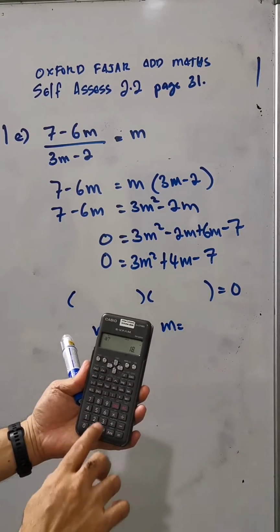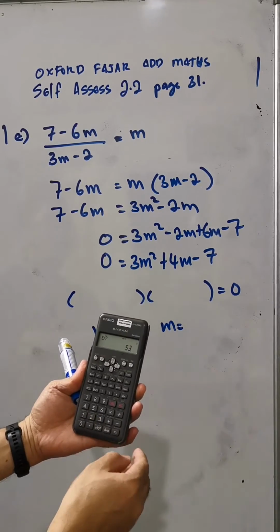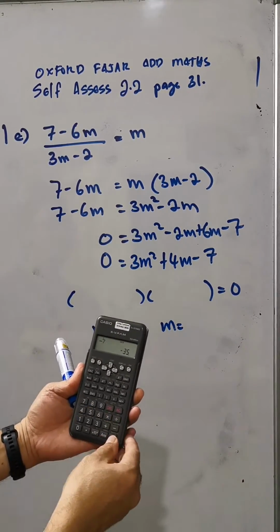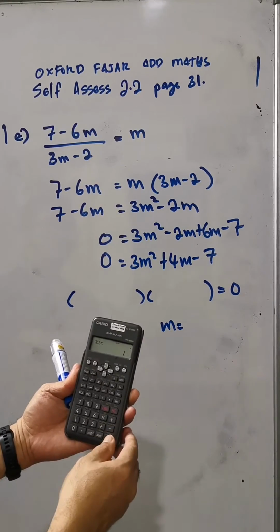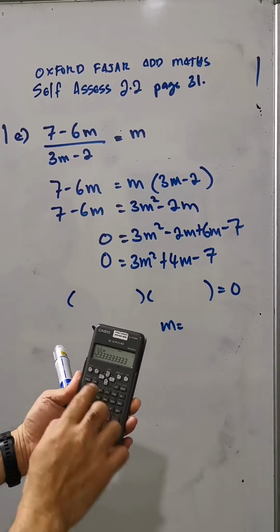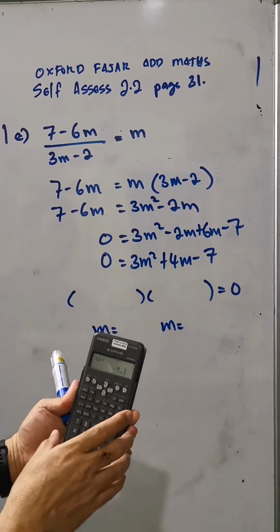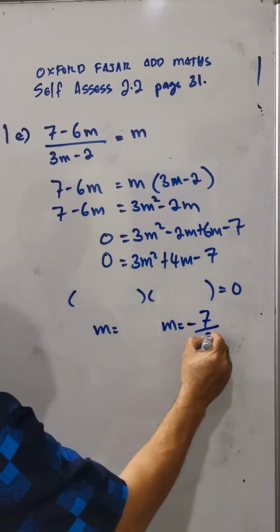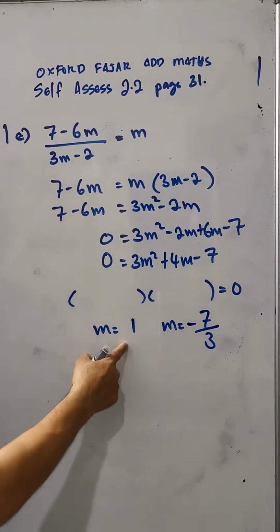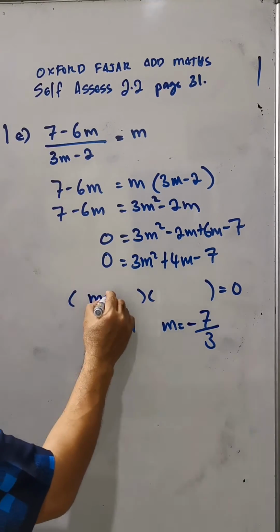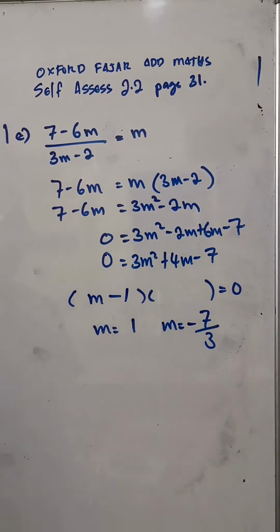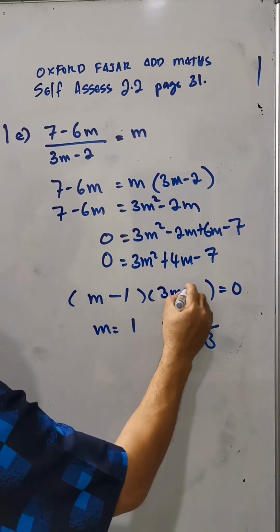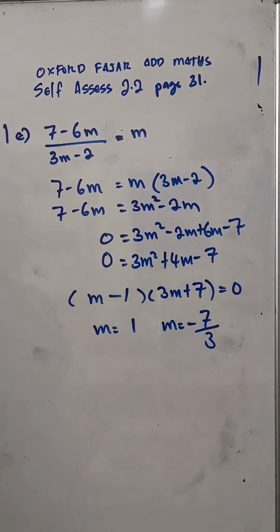A will be 3, B will be 4, and C will be negative 7. So the first m will be 1, and the second m will be negative 7/3. If m equals 1, here is only m minus 1. And if it is a fraction, it will be 3m plus 7.